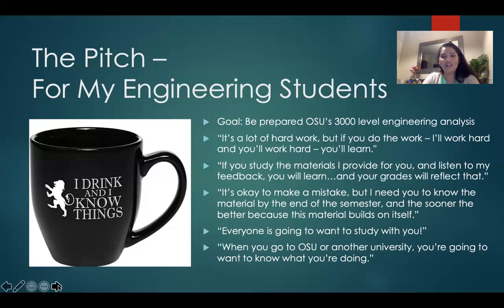And finally, and this is all over my syllabus, I always say that if you go to OSU or another university, you're going to want to know what you're doing. You do not want to be in over your head when you get to the university. You do not want to have to relearn calculus 1, calculus 2, calculus 3, and differential equations and all of the important content and algebra and trig. You don't want to have to learn all of that while you're learning engineering analysis.